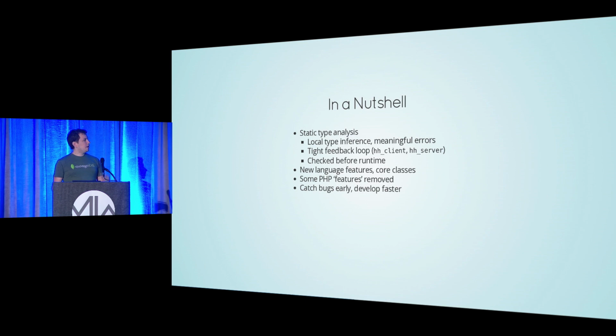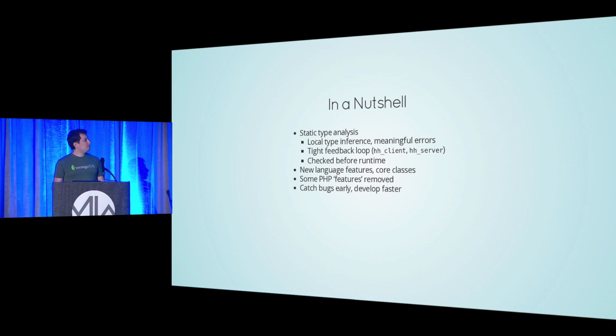Some of the ways to easily shoot yourself in the foot have just been taken out of Hack. That, combined with all the static type analysis, allows us to catch the bugs earlier and develop faster. And that is really a huge gain in developer productivity at Facebook.